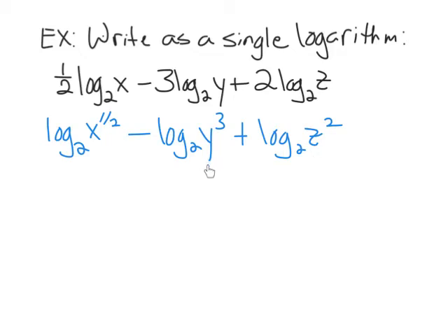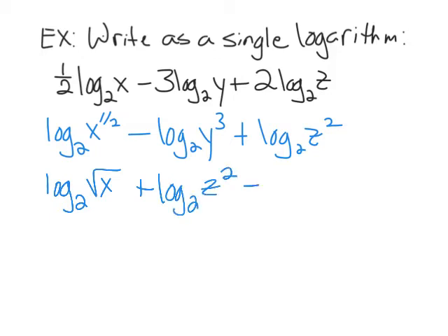A lot of times kids will join these first, and then they'll put the z squared in the denominator. Don't do that. It depends on the sign in front of the logarithm. I'll show you because I'm going to rearrange these terms first. And instead of the 1/2, I'm going to use the square root of x, plus log to the base 2 of z squared minus log to the base 2 of y cubed.